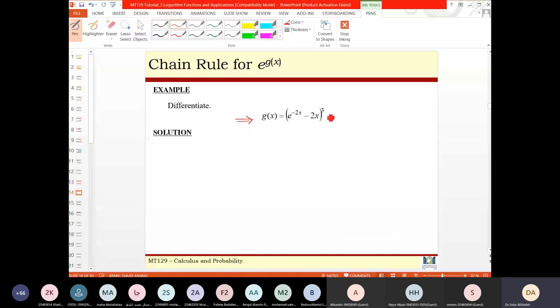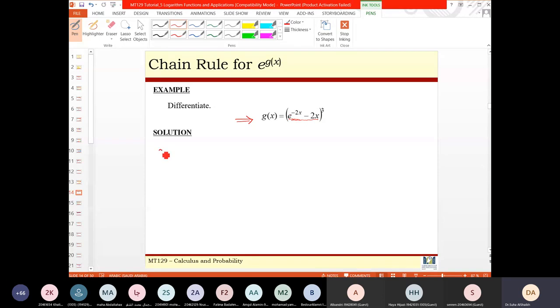I want to find the derivative of this function. The first thing I see is a bracket, so first I have to apply the power rule. Then when you look inside, you have an exponential of a function inside the function. So I will have to apply the chain rule 2 times here.